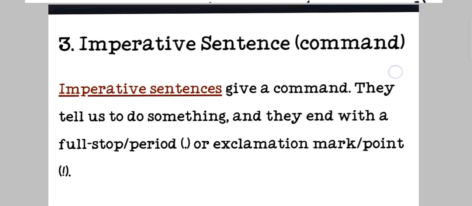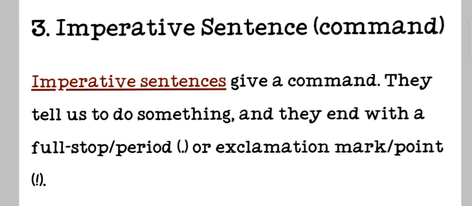Now the third type is imperative sentences. That means command. Imperative sentences give a command. They tell us to do something, and they end with a full stop or period, or exclamation mark.